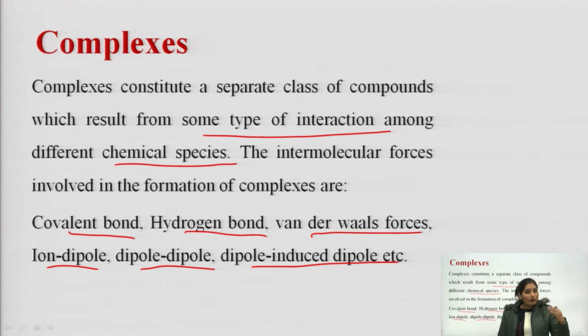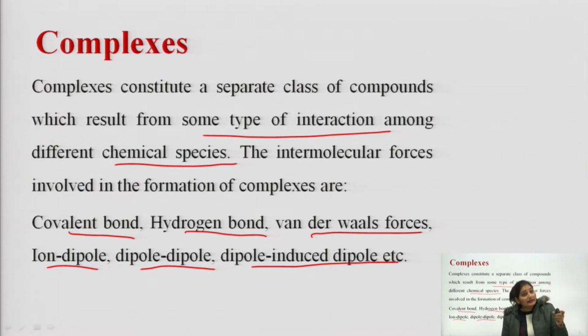What is a complex compound? The complex compound is a separate class of compound that is formed from different types of interaction that exist between the different chemical entities, and there is involvement of certain intermolecular forces in the formation of complexes.